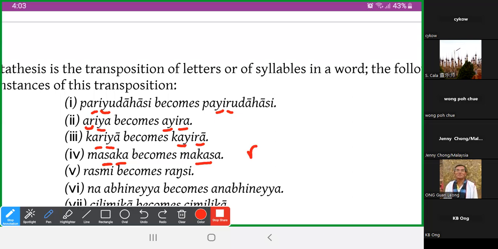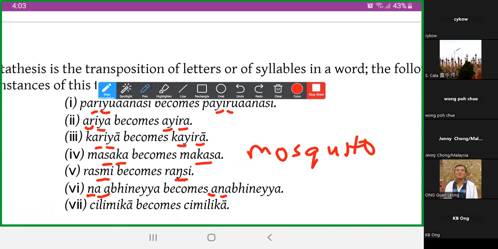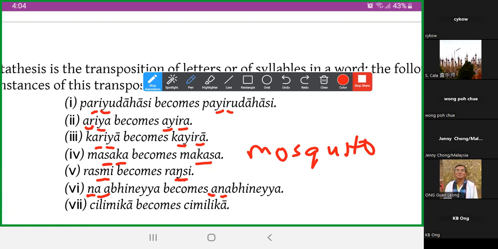Then Rasmi, Lasmi. Here actually the M changes the place with the S. Rasmi, it should be light here. Like Dhamma rasmi. It's a light. Then N with the A. So the A becomes first and not later.